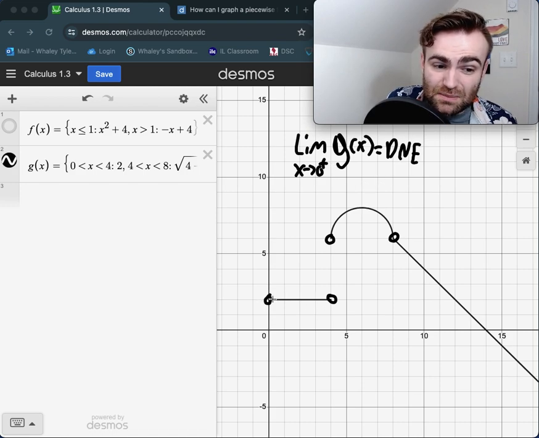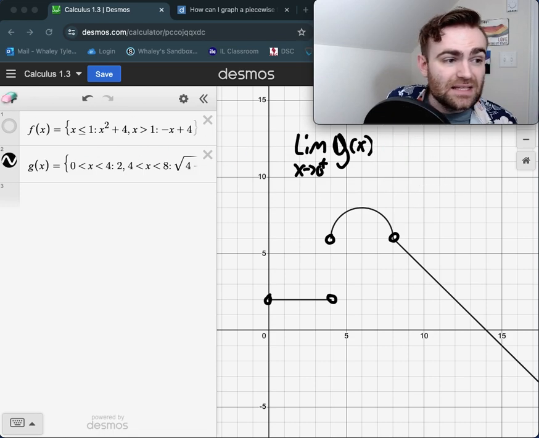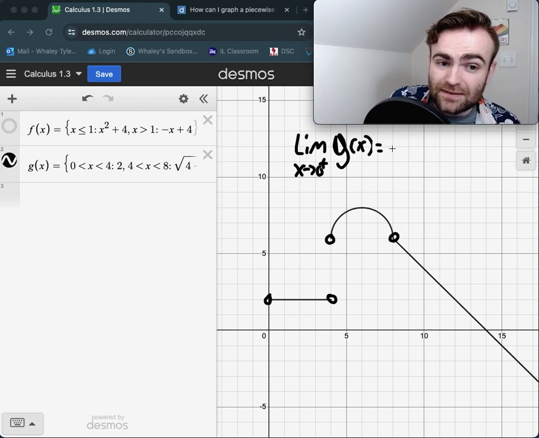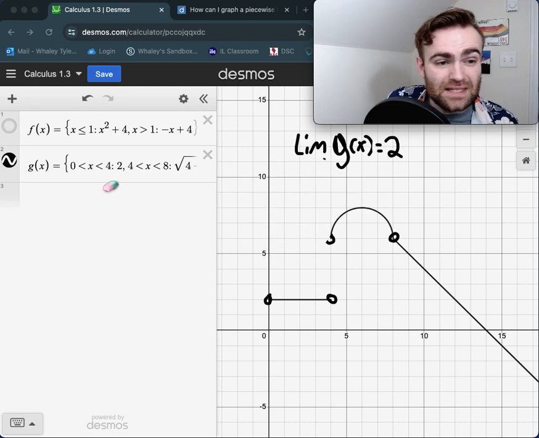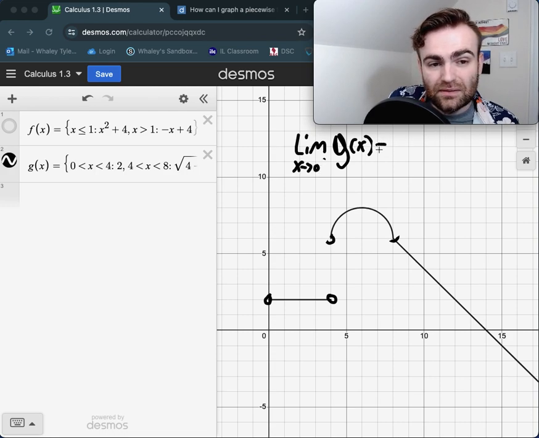The right-hand side is approaching 2. That's an important distinction for this one. If you only see one side of it, that side's limit does exist, but the other side does not. That also means that the limit in its entirety does not exist. So the limit as x approaches 0 from both sides does not exist.